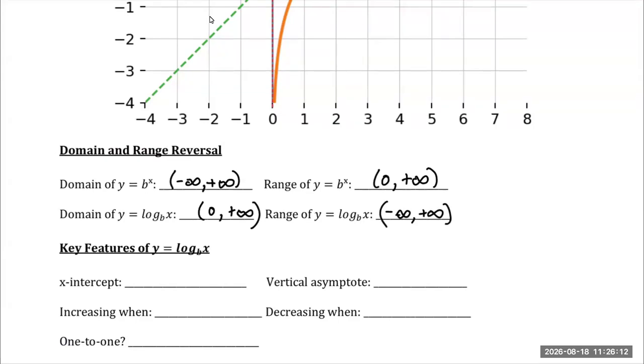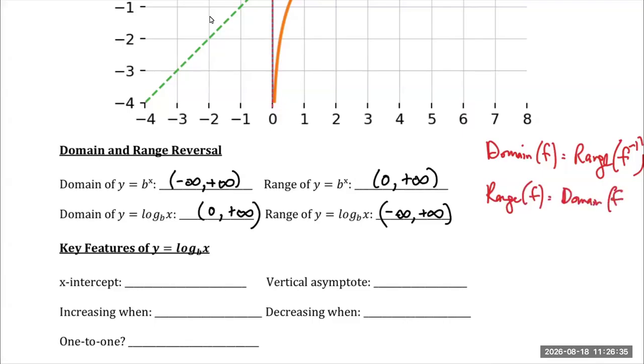Of course, those aren't real numbers, so we put round brackets there. And I'm just going to remind you of the general comment that the domain of f is equal to the range of f inverse, and the range of f is equal to the domain of f inverse. So we can see that very clearly here.